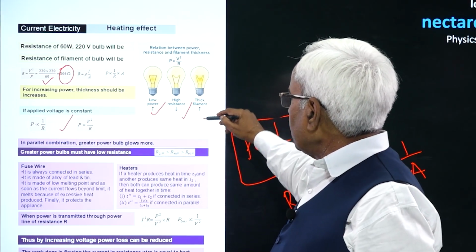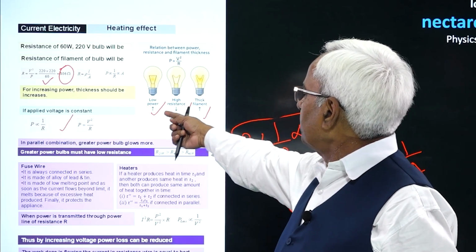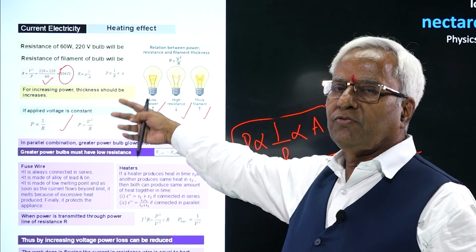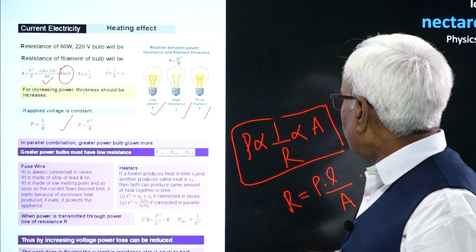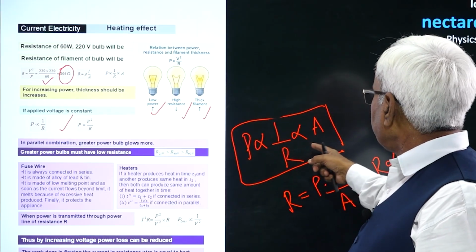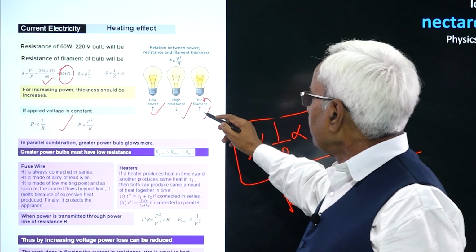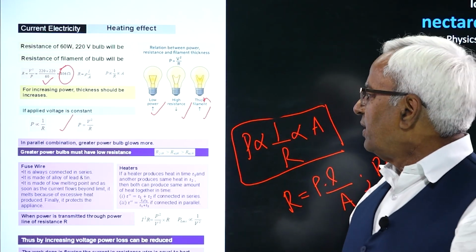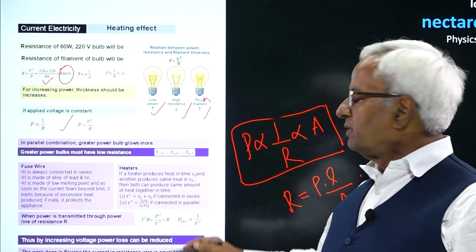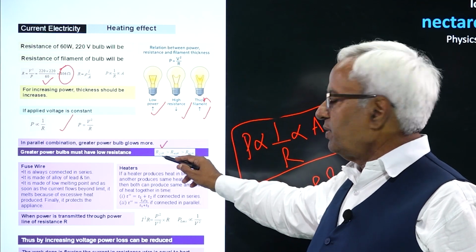This bifurcation has been shown here. For low power, you need high resistance, or vice versa. For greater power, you need low resistance, and for greater power, you need thick filament. Here, for low power, the filament should be thin. Low power should have greater resistance as shown over here.